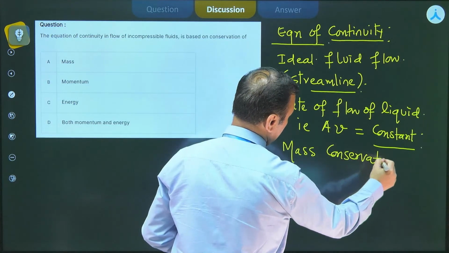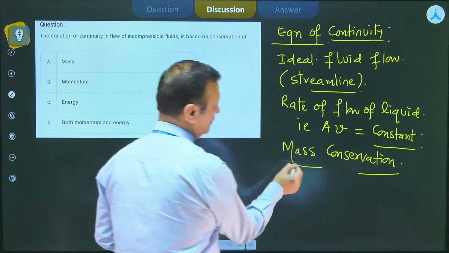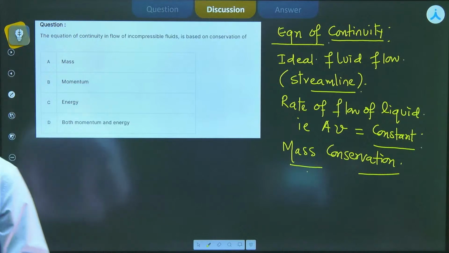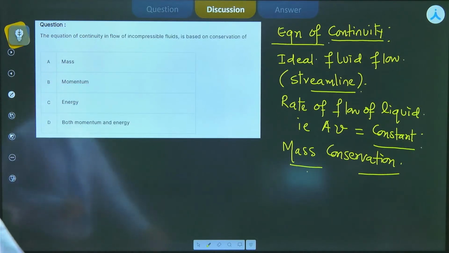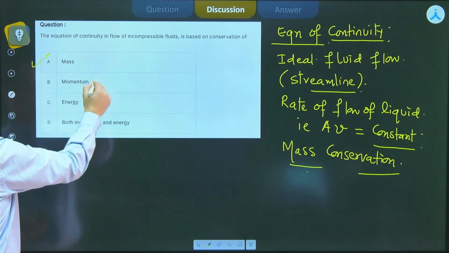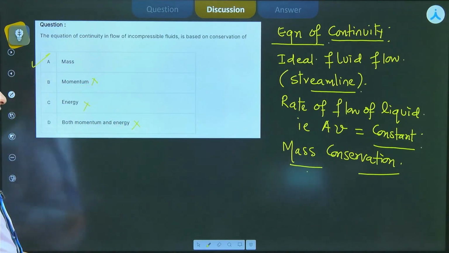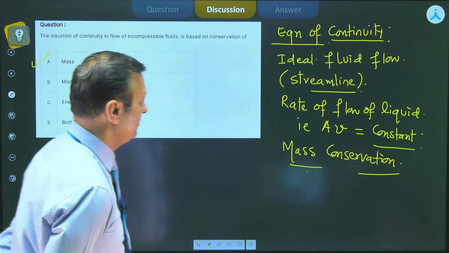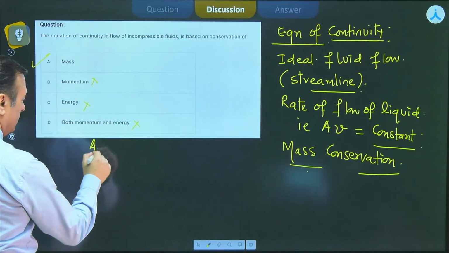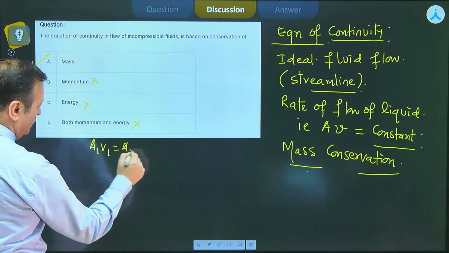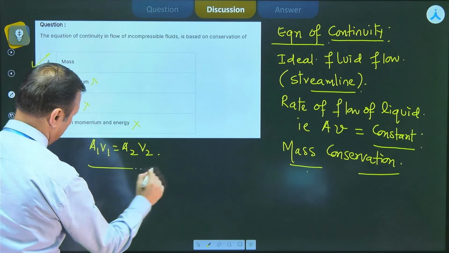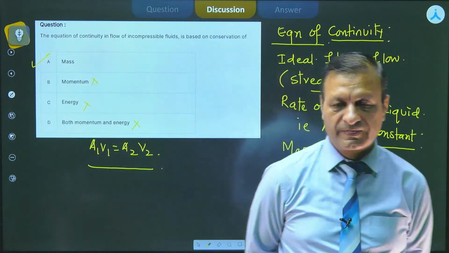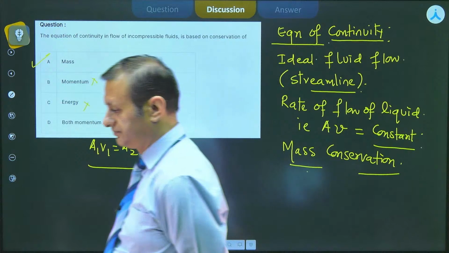Whatever mass you give at the input, the same mass you will get at the output, that is conservation of mass. So this is based on conservation of mass, not momentum, not energy. So equation of continuity says AV remains constant, or A1 V1 is equal to A2 V2. Rate of flow of liquid remains constant. Any doubt from this part?